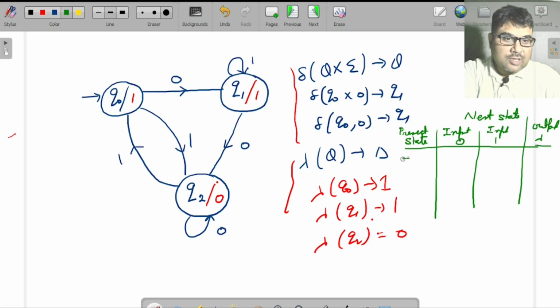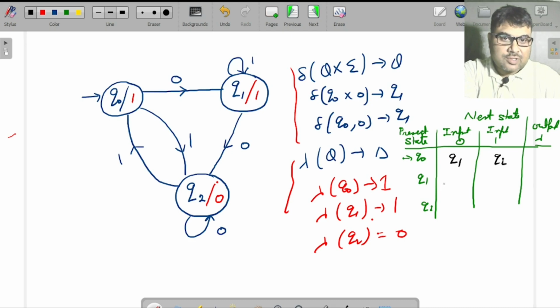Here you write the present state Q naught, Q1, Q2. From Q naught on 0 you reach Q1, Q naught on 1 you reach Q2.